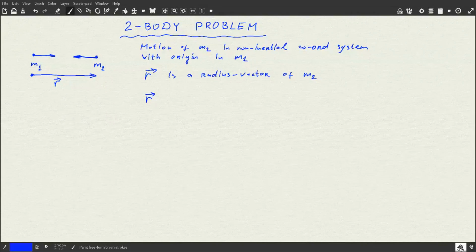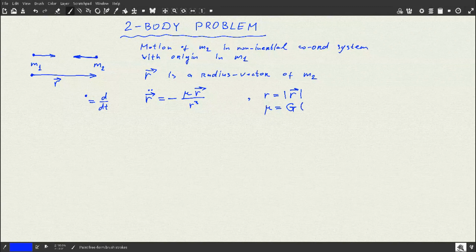We got r double dot, where dot means differentiation with respect to time, equal to minus mu r divided by r cubed, where r in the denominator is a scalar, simply the absolute value of r, and mu is the universal gravitational parameter, G, the constant in the Newtonian gravitational law, times m1 plus m2.